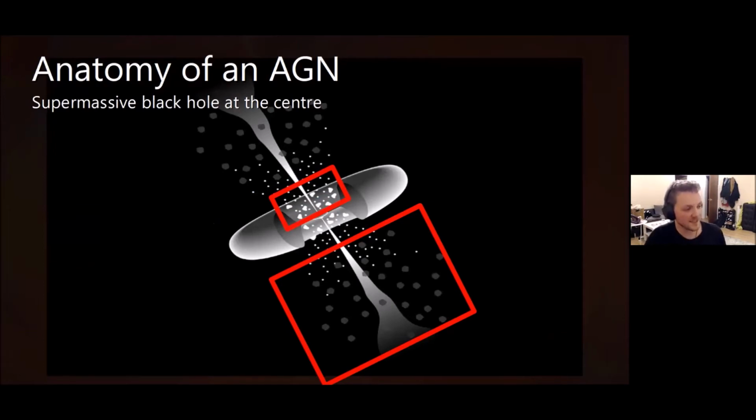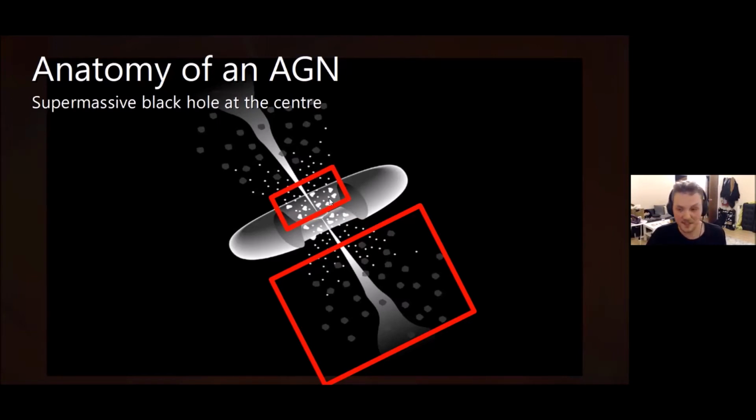So what this tells us is that if we have an emission line that is very broad, then we have these clumps of gas very close to the central black hole, and it would make sense if they rotate at around 5,000 kilometers a second. So it's from this region here that we get the very, very broad emission line.